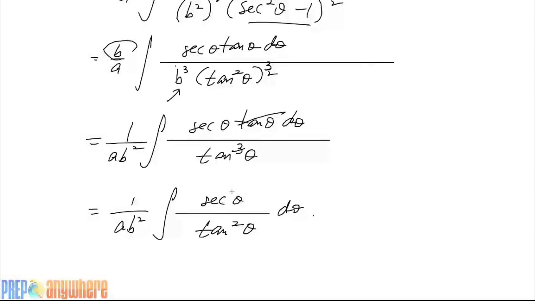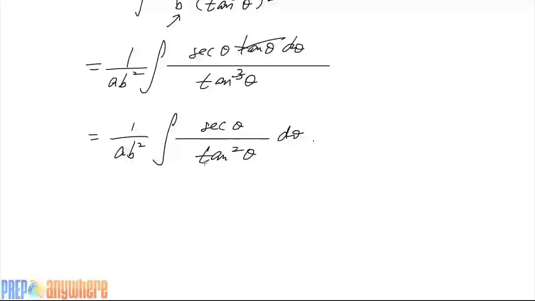Okay, so it would have been nice if the secant was squared, so that we can let tangent theta equal u, and then we get a nice simple integration. But we don't have a square here. So you know what we should do? We should convert this into sine and cosine. So this is going to be 1 over cosine of theta, and that right there is sine over cosine.